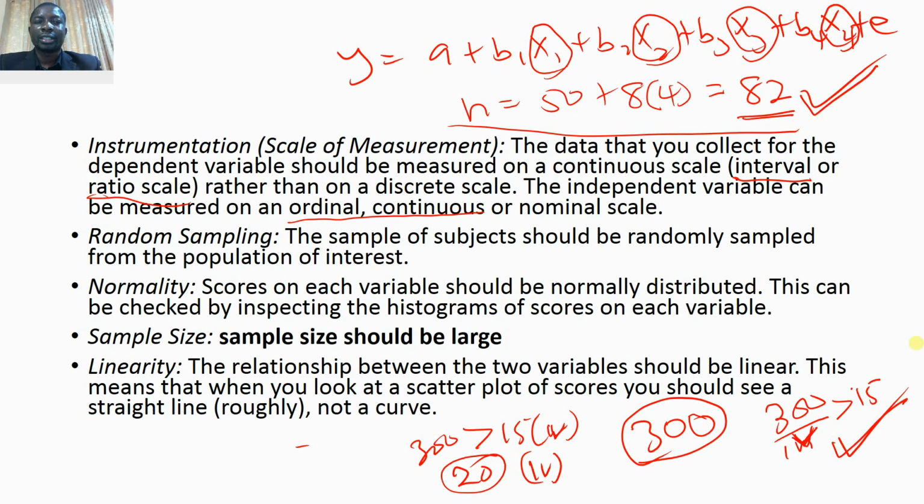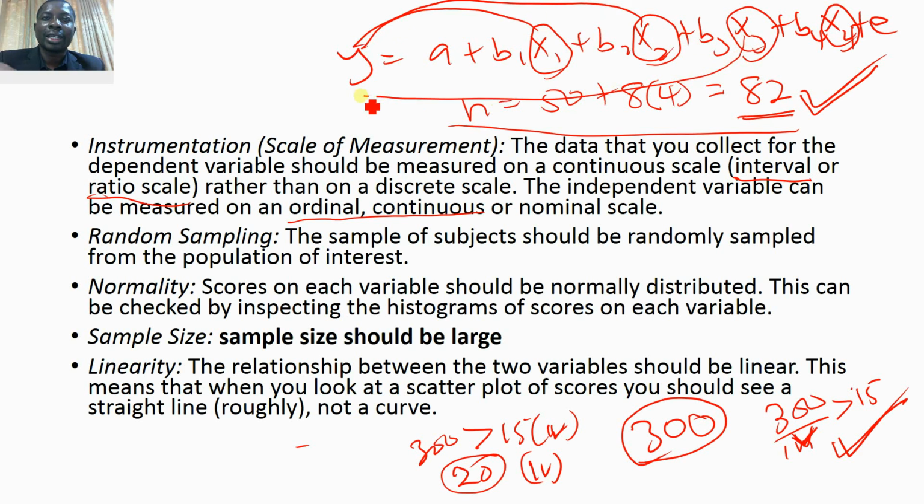Okay, thank you. The next one is to look at the linearity between the variables. So you have to make sure that there is a linear association between the variables involved. So before you run the regression, you need to check correlation between x1 and y, x2 and y, x3 and y, x4 and y, and make sure that there is a significant correlation.